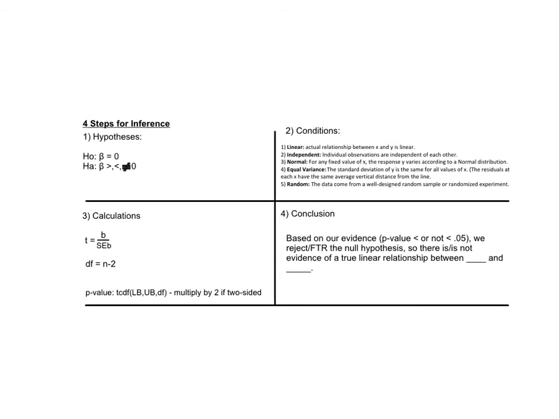So looking here at the steps for the inference procedure first, I noted before the hypotheses here, again, almost always 0, can be something other than 0. But that's typically what you'll see, and you'll just have to look for the question, is there evidence? And what we call here is we talk about, is there a true linear relationship between the variables?